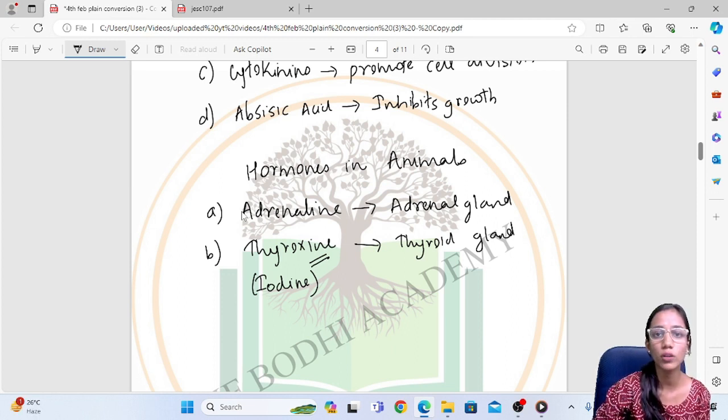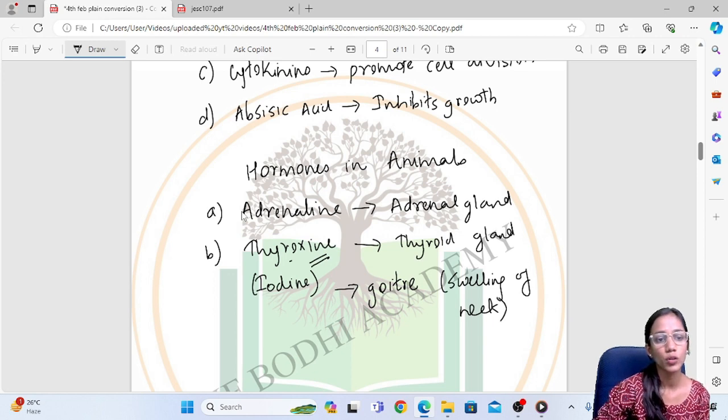Whenever we don't consume essential amounts of iodine, we will suffer from a lack of thyroxine hormone, and the disease caused is called goiter, which is the swelling of the neck. So thyroxine is produced by the thyroid gland, iodine is important for it, and if iodine is not consumed in essential amounts, we will suffer from goiter, a swelling of the neck.